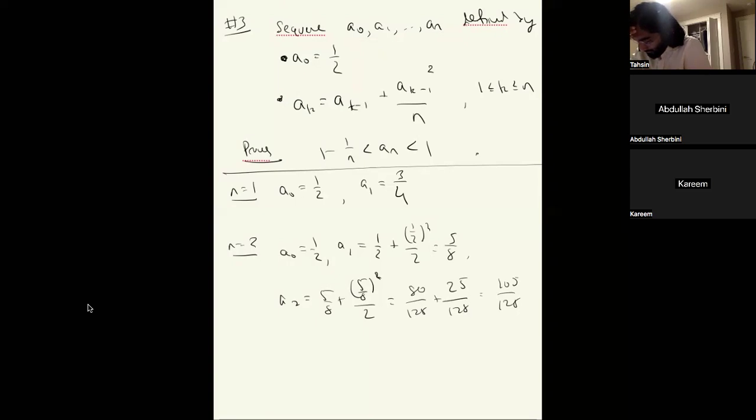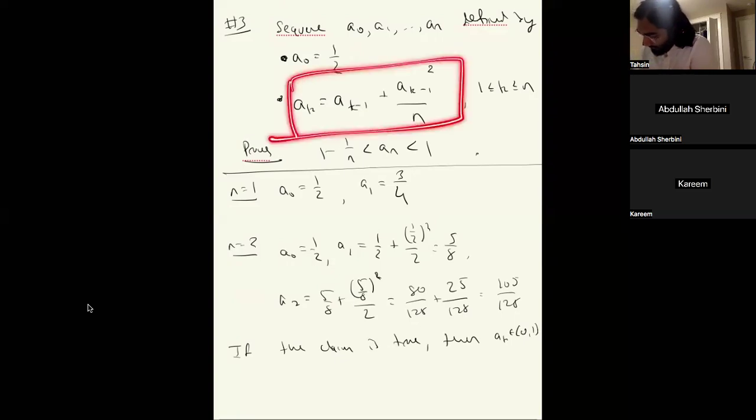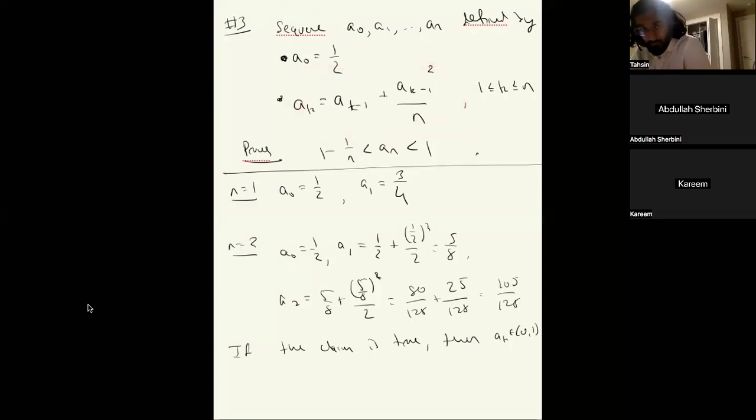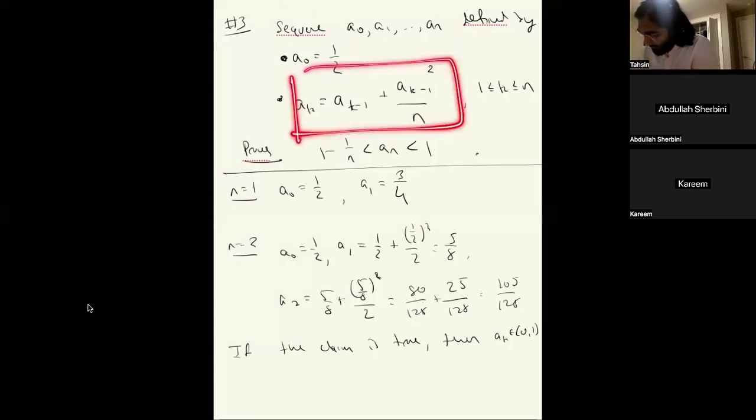So if the claim is true, then AK is always between 0 and 1. One thing you can consider is 1 over AK, maybe a reasonable thing to consider. The first point is, if you look at this, you can get some reasonable idea of 1 over AK.